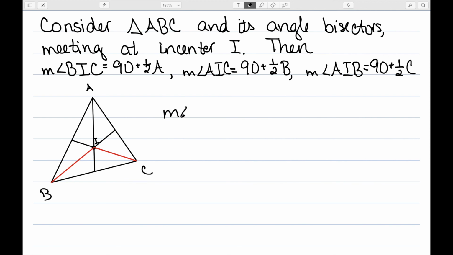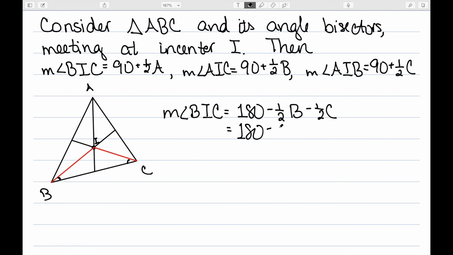Well, we know the measure of angle BIC needs to be equal to 180 minus half the angle B minus half angle C. This comes from the fact that this is a triangle here, so it needs to add to 180. And these are angle bisectors, so this is half of B and this is half of C. I'm going to rewrite this as 180 minus 1/2 times (B plus C).